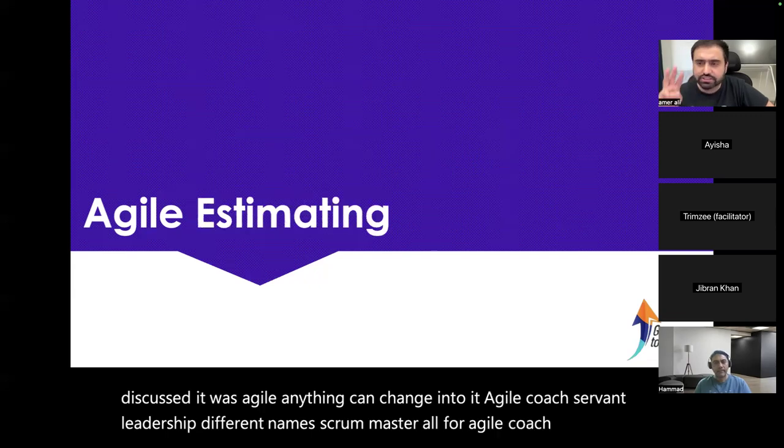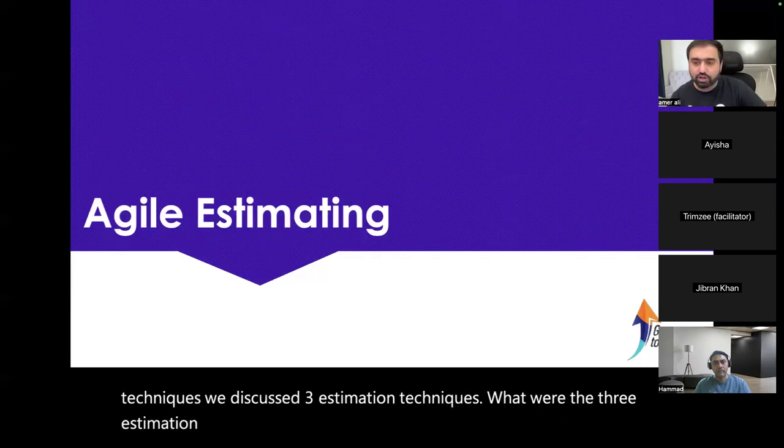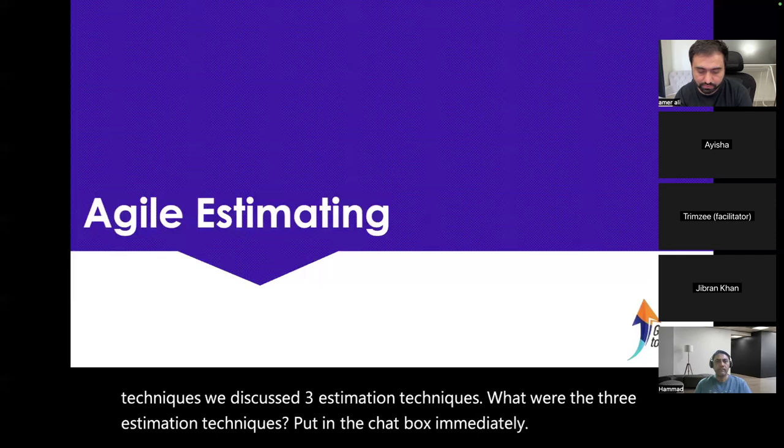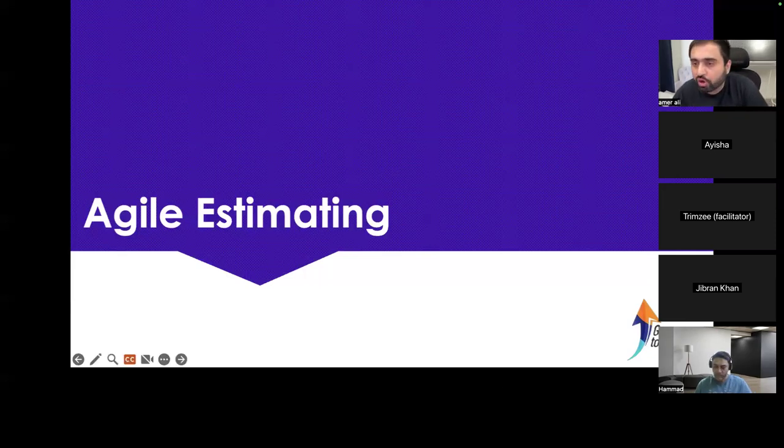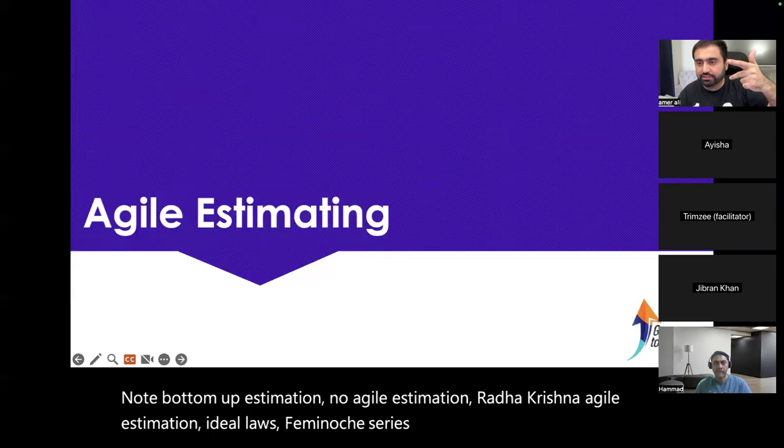Estimation techniques, we discussed 3 estimation techniques. What were the 3 estimation techniques? Put it in the chat box immediately. Not bottom up estimation. No, agile estimation, Radha Krishna. Agile estimation: ideal days, Fibonacci series, and affinity estimation.